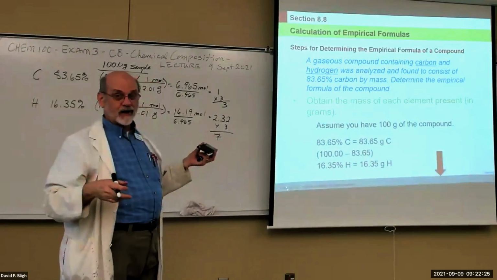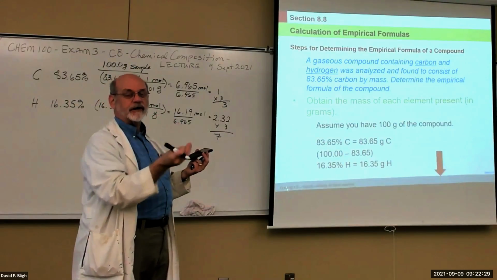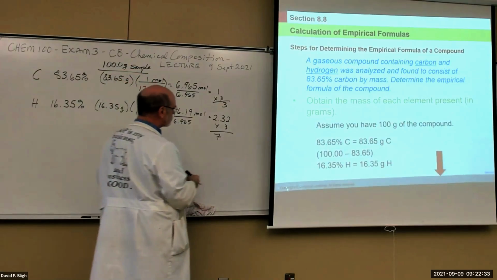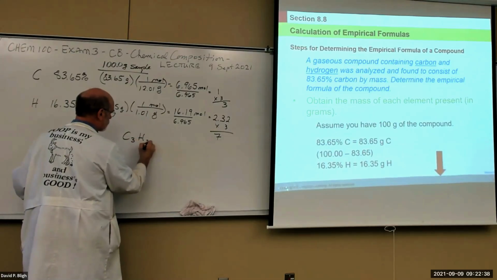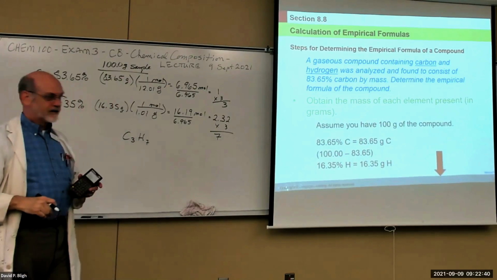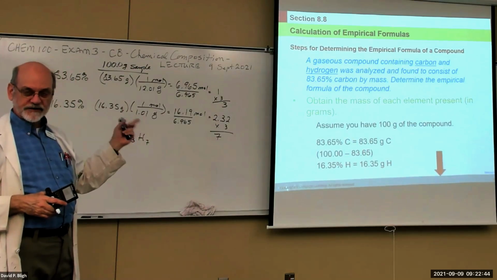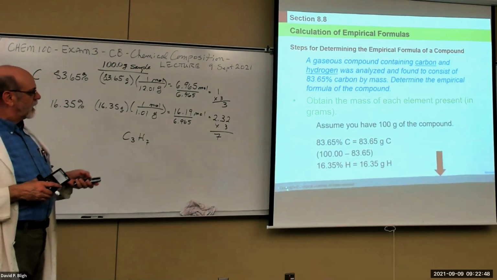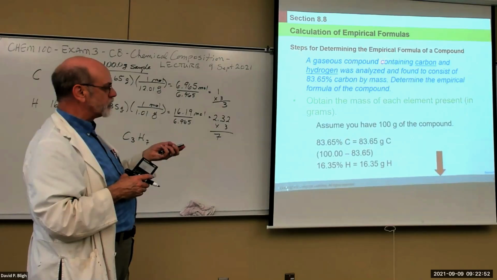Now, it's okay at this point to round, as long as the number that you're rounding is very close to the next whole number. So our ratio is carbon 3, hydrogen 7. Now, what is that? That's the empirical formula, the simplest whole number ratio. Now, oh, that's all it asks. Just do the empirical formula.